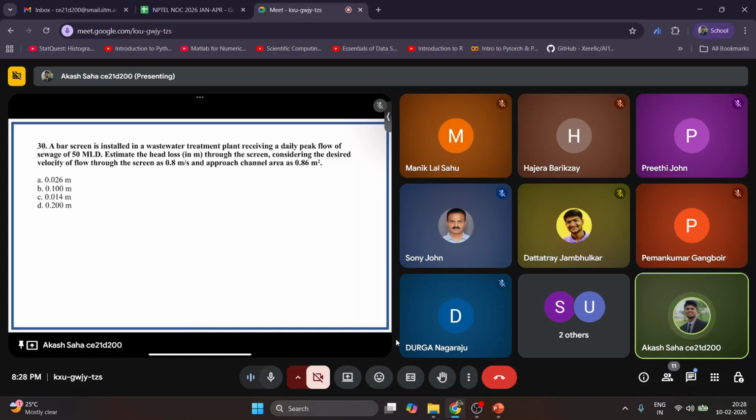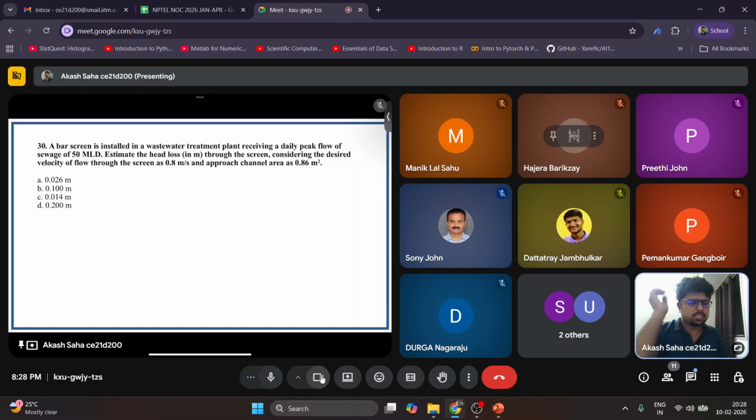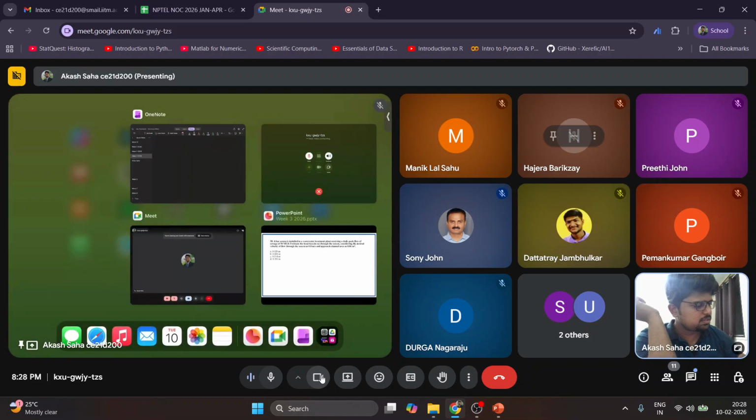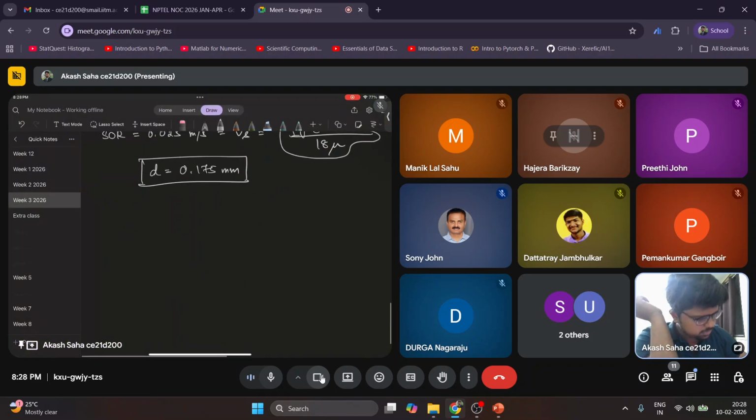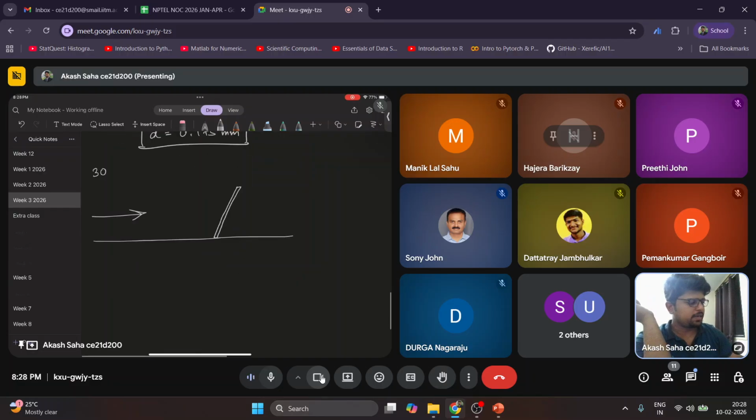To give an overview of this problem, this is question number 30. Suppose we have a channel and some bar screens. Water is moving in this direction.